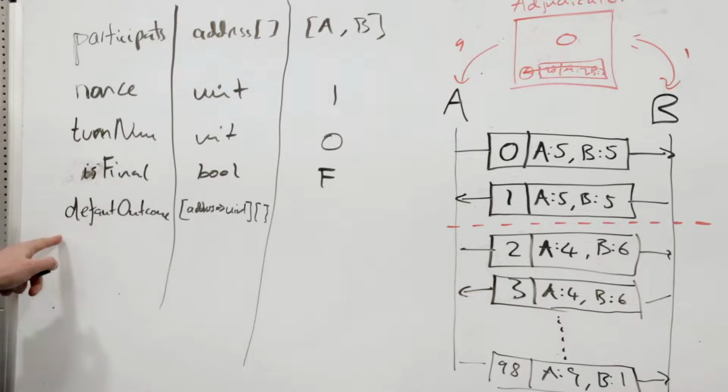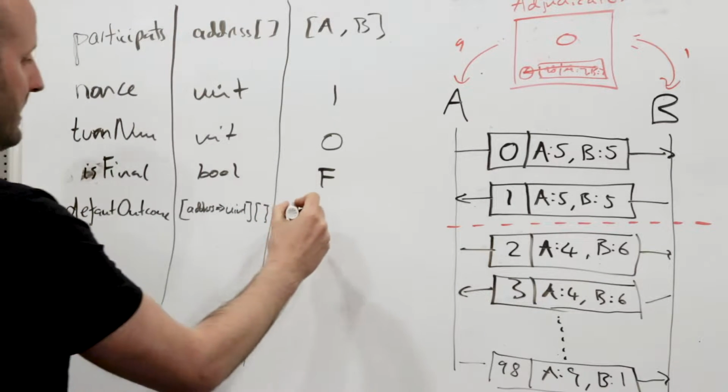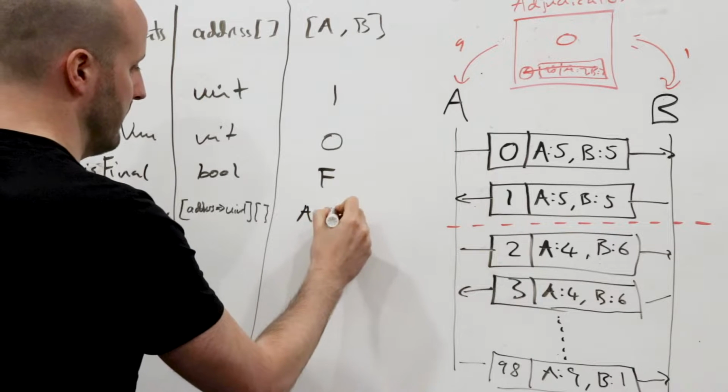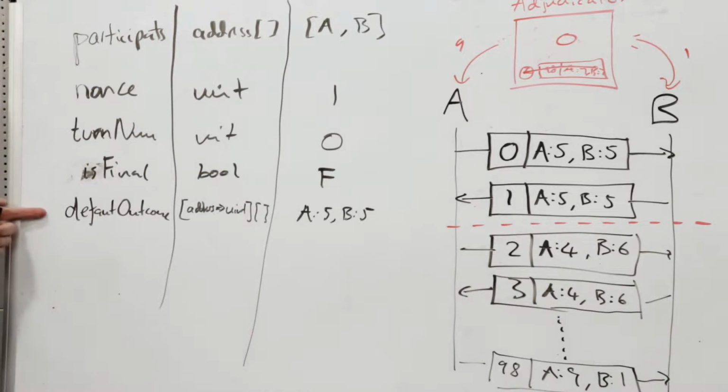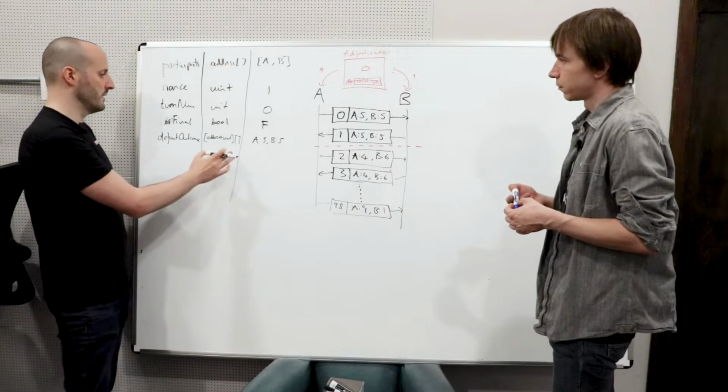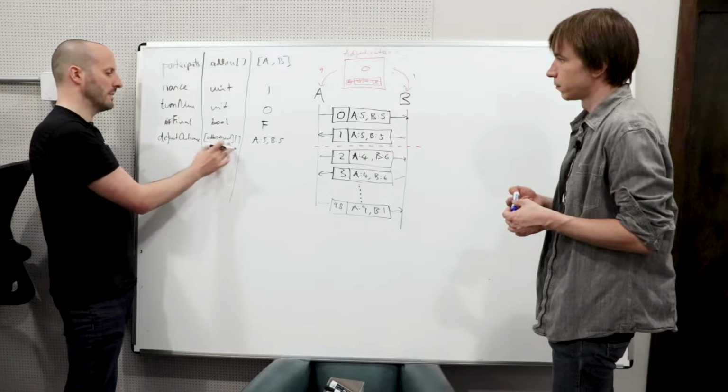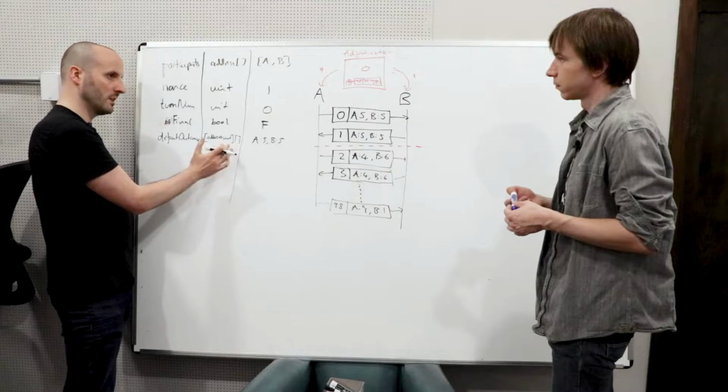Basically, this is what the default outcome says, and I guess this is going to be A5, B5 in our example. So it's saying, if the channel were to stop at this point, who would get what? And this is the format for a certain type of channel.